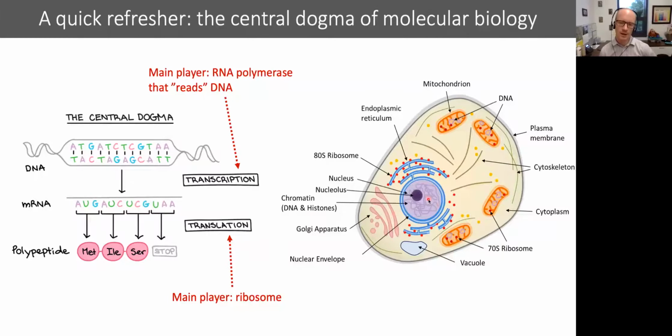This messenger RNA is then taken outside the nucleus into the cytoplasm, where it is translated into proteins by the ribosomes. And the ribosome basically just links up amino acids that correspond to each triplet set of nucleotides in the messenger RNA. So that's pretty much all I'm going to say on that. Hopefully that kind of dusted off some cobwebs.